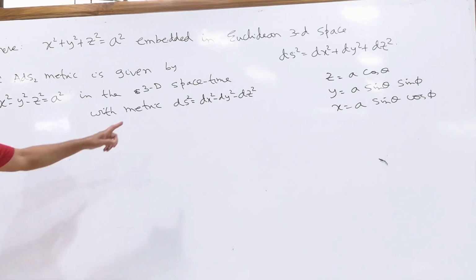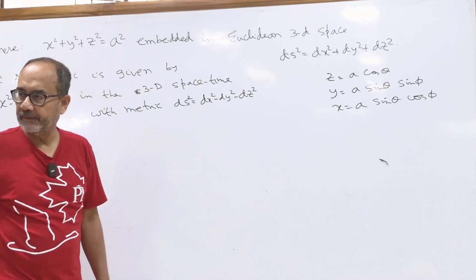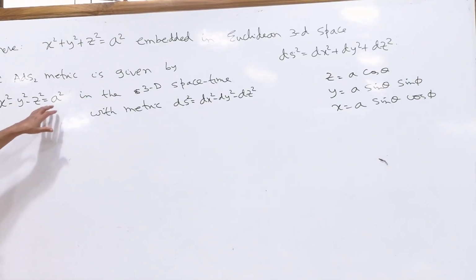So this looks like a spacetime with two time directions, right? y and z have negative signs, so it looks like you have two times. But once you impose this condition, you find that you don't have two times, you have only one time, because you can see that here there is only one negative sign. And we can also write down the change of coordinates, which does that.